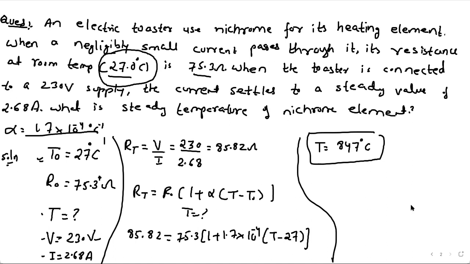In this theoretical part, drift velocity and the relation between current and drift velocity is most important. For one marker questions, you get questions on temperature dependence of resistance and resistivity.